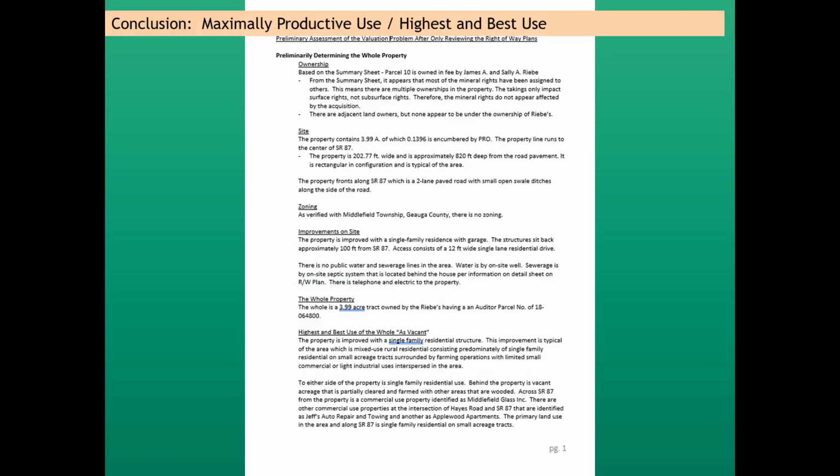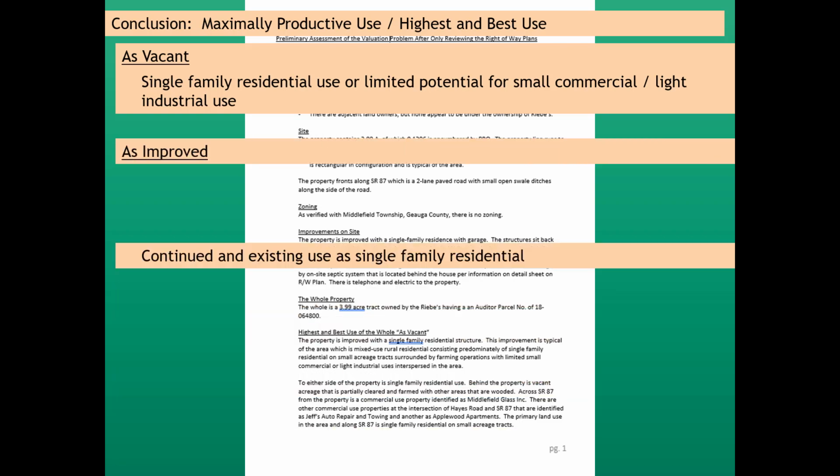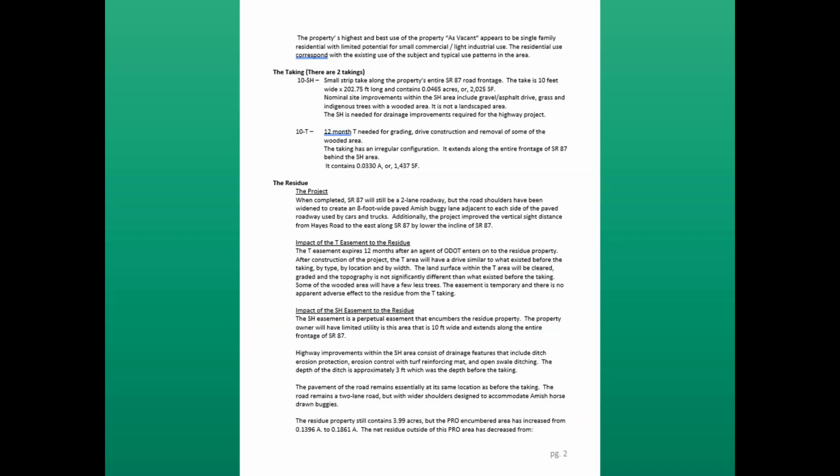So in conclusion, the maximally productive use, the highest and best use for this property, if it were vacant, would be single-family residential use or limited potential for a small commercial light industrial use. And as improved, probably is going to be the continued and existing use as a single-family residential property.